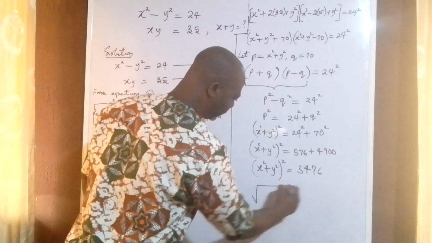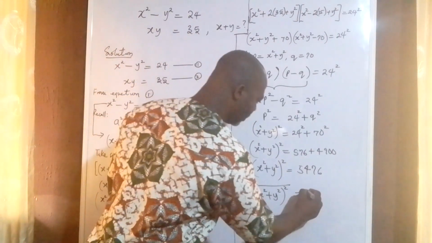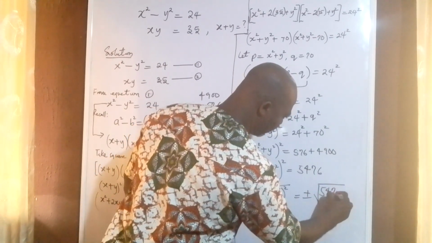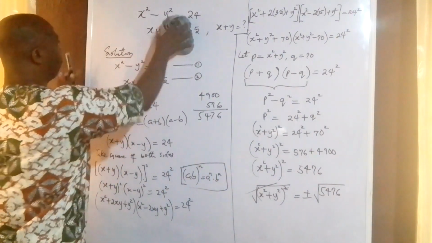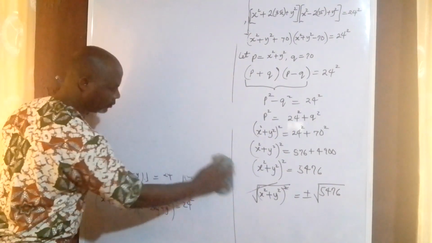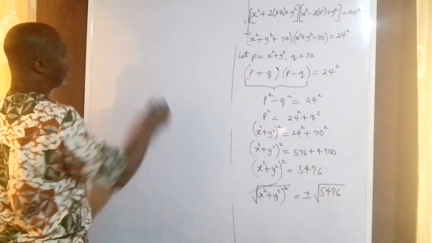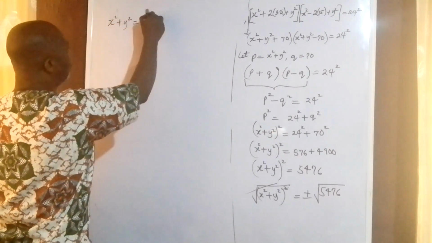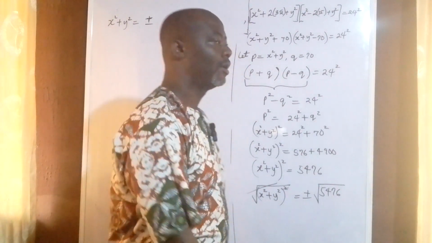So I have x squared plus y squared equal to plus or minus the square root of 5,476. This square and square root will go, so from there I have x squared plus y squared equal to plus or minus the square root of 5,476, which is 74.